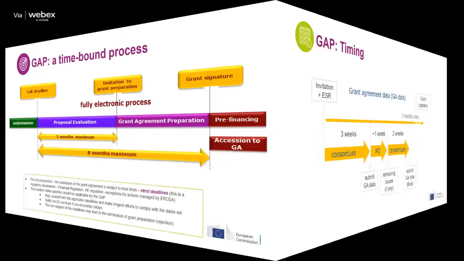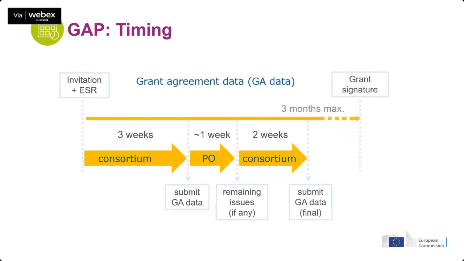So, a closer look, without the other parameters and processes. Just looking at the grant agreement preparation, as we said, we allow up to 3 months to sign the grant. Therefore, you need to start preparing the data in order to sign the grant agreement. For the first phase, you should consider approximately 3 weeks in order to load all the necessary data and also update it with additional data that we require from you prior to signing the grant.